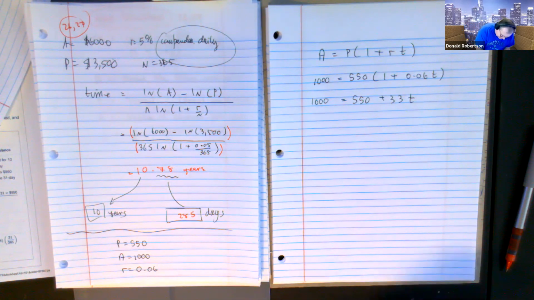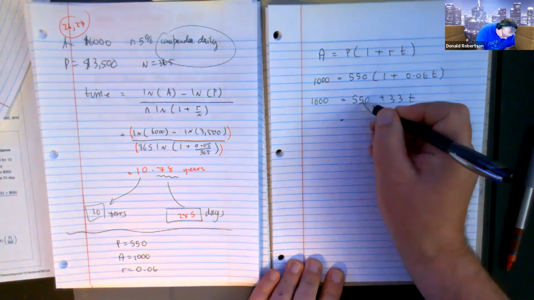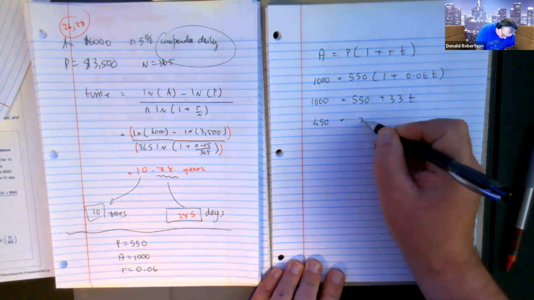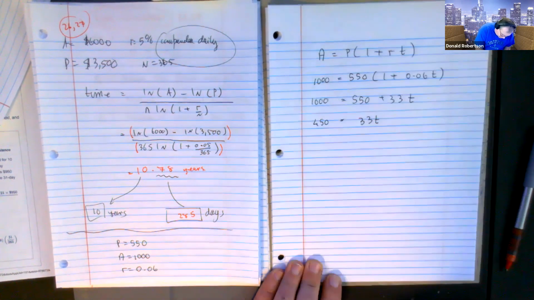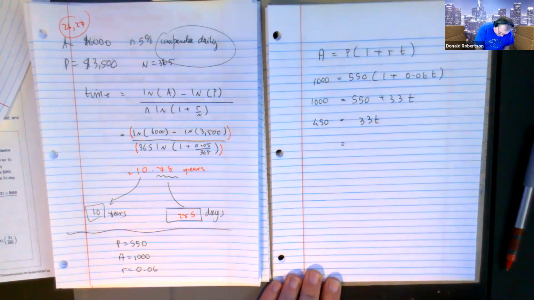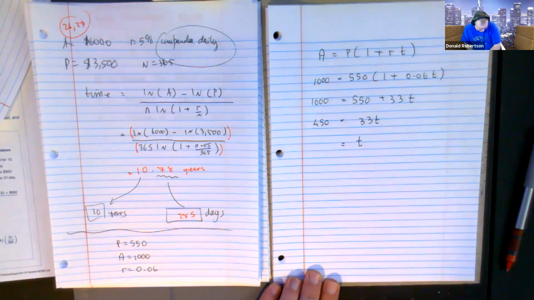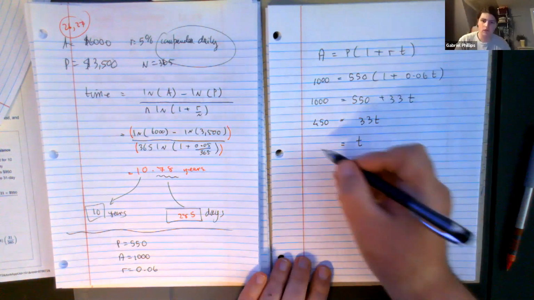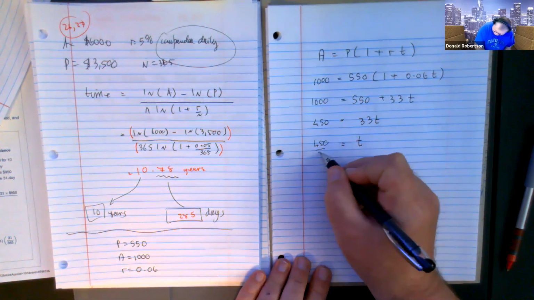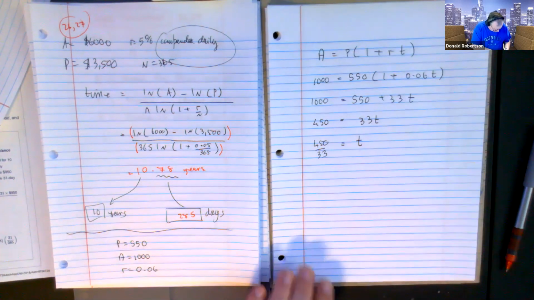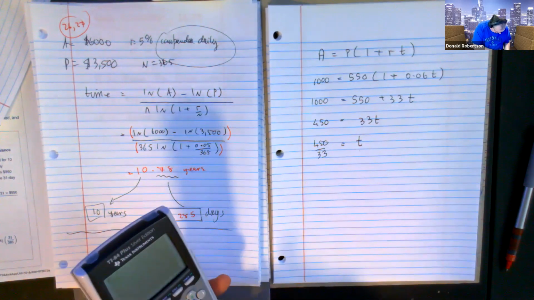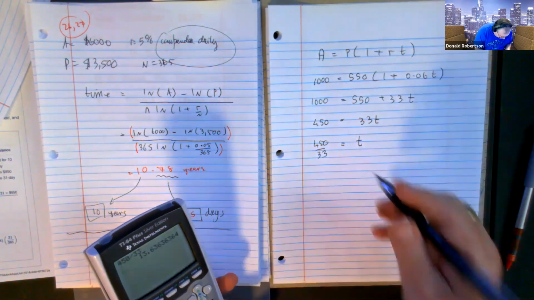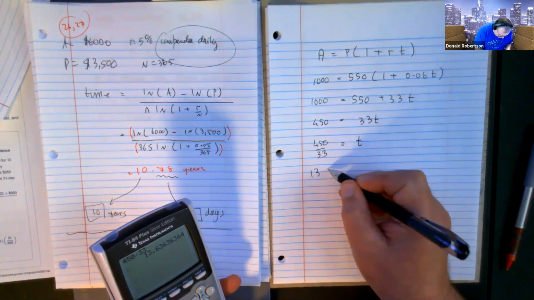So take 550 away from both sides. Now, what do you do to find t in this story? You divide by 33, both sides, and you cancel it out. Agreed. And we'll use a calculator because it's going to be awkward. 450 divided by 33, and the answer I'll get is about 13.636.